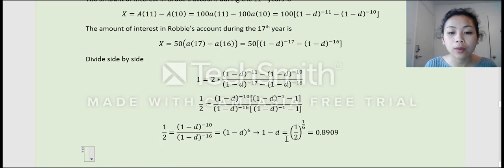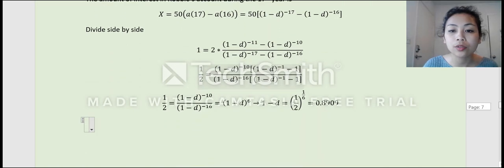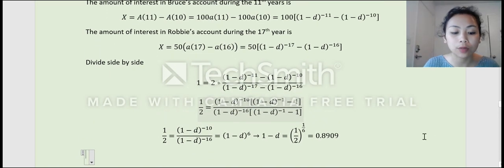So from here we have 1 minus d, so we are going to construct x. We can use either the first equation or the second equation. We have x equal to 100 times 0.8909 to the power of negative 11 minus 0.8909 to the power of negative 10.